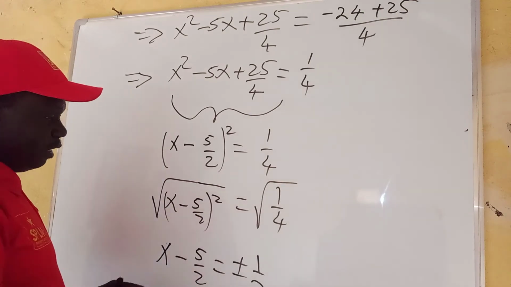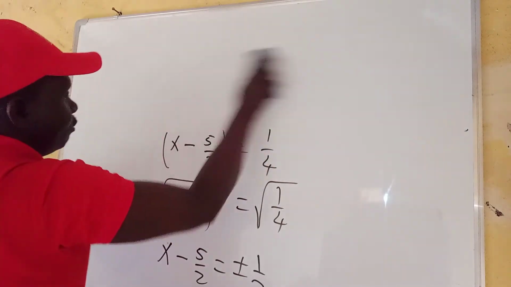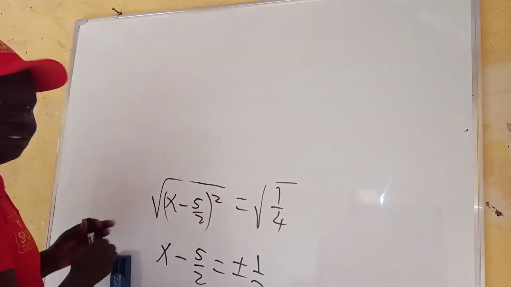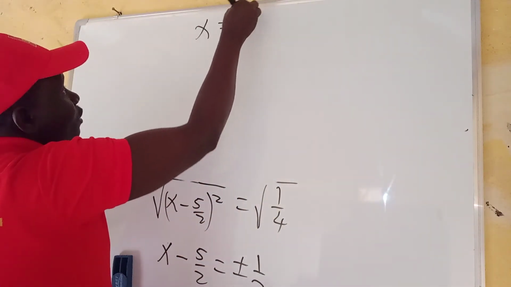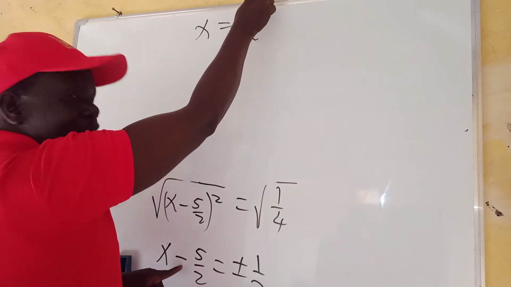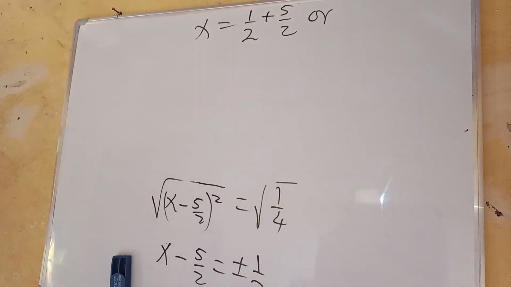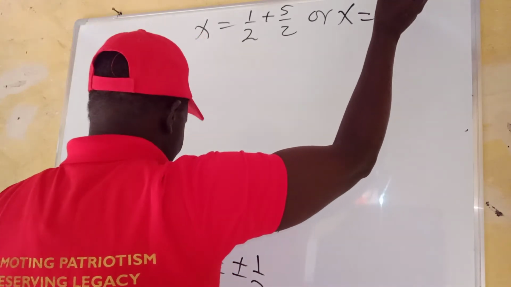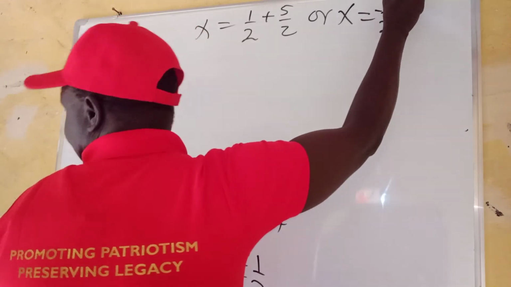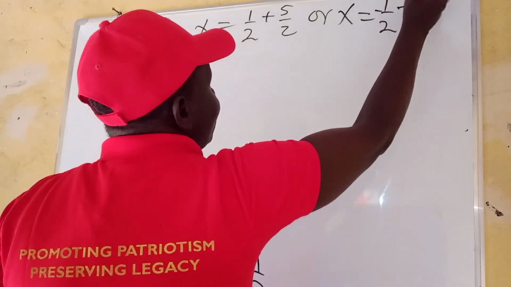Now, let us find the value of x. The value of x will be x is equal to positive half plus 5 over 2, or x is equal to negative half plus 5 over 2.